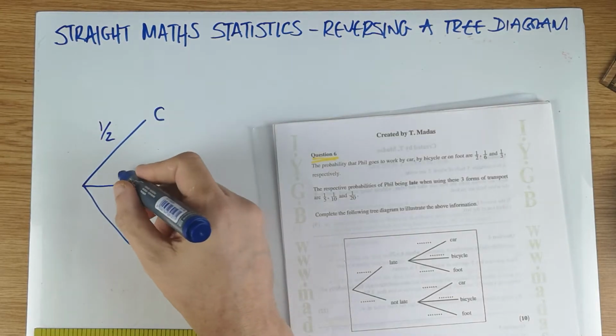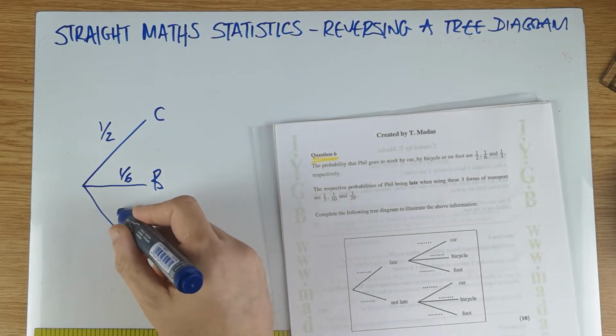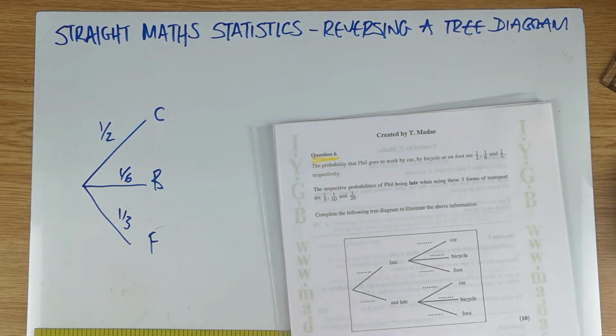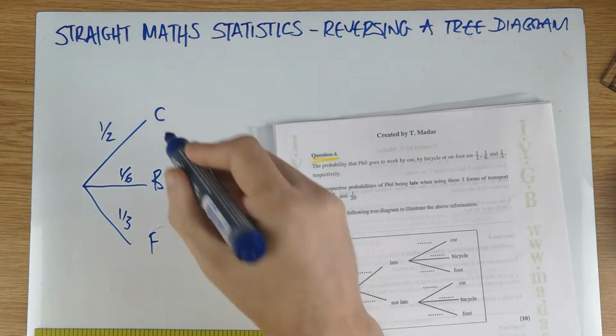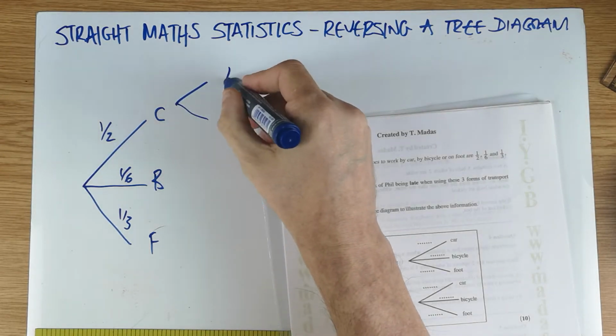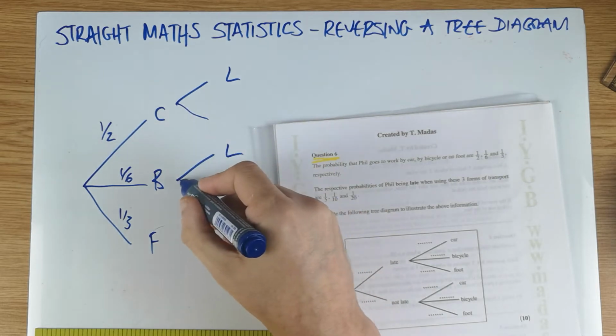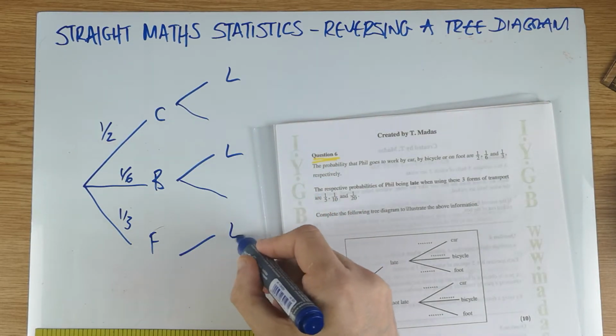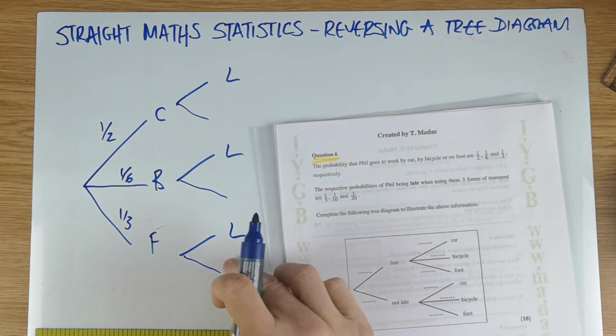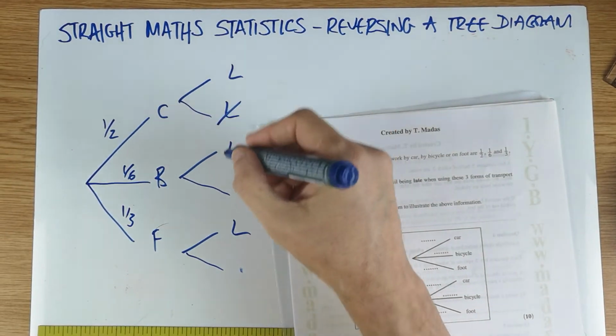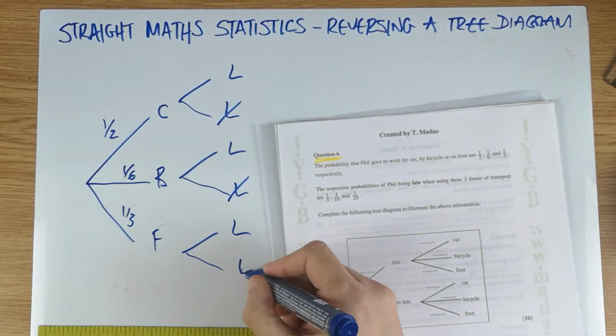So that's a half, 1/6, and 1/3. And the respective probabilities of Phil being late when using these forms of transport. So that's the late ones. And we're going to put the non-lates as crossed out like this.